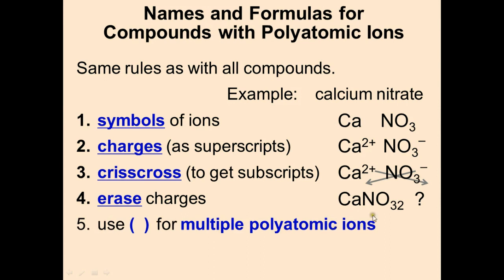So you must use parentheses, for example, around this NO3, because we want 2 of the whole thing, not just 32 oxygen. So 2 of the whole thing. So we have to just distinguish it with parentheses around the whole thing. So remember, the parentheses are pretty important.